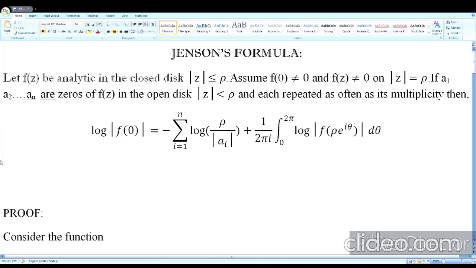Then we have the formula log|f(0)| = −Σ (i from 1 to n) log(ρ/|ai|) + (1/2π) ∫ from 0 to 2π log|f(ρe^{iθ})| dθ.